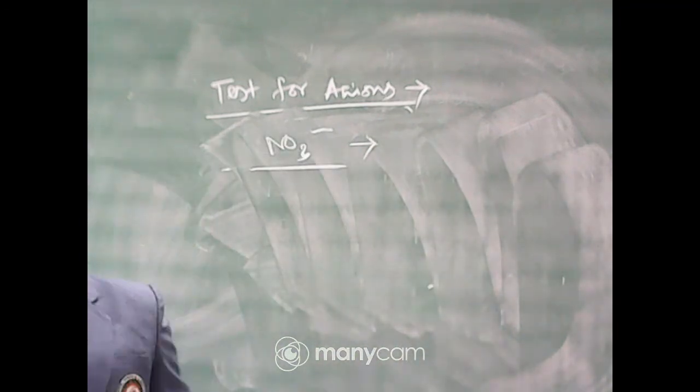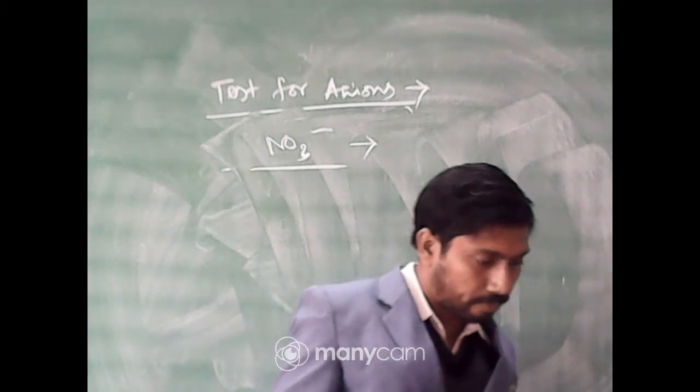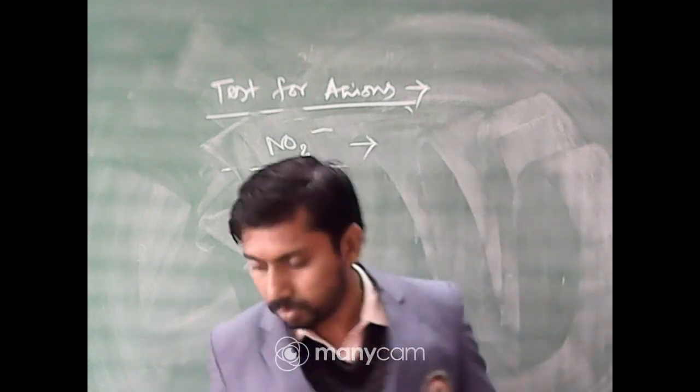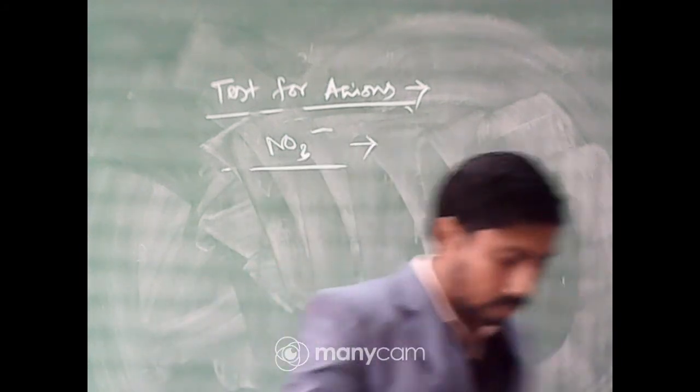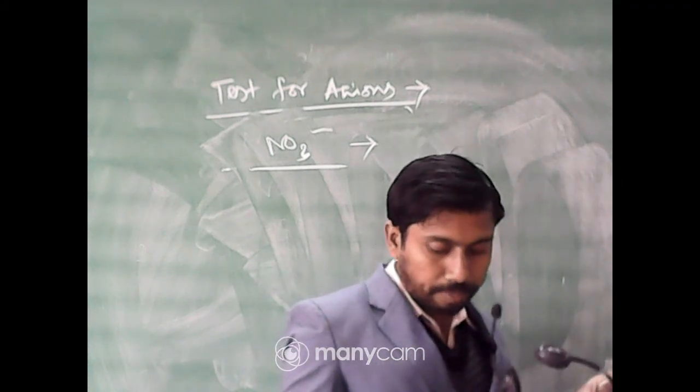For NO3 minus, the reagents are concentrated sulphuric acid and ferrous sulphate. So just look at this. The first step is the preparation of solution, so sample plus water.